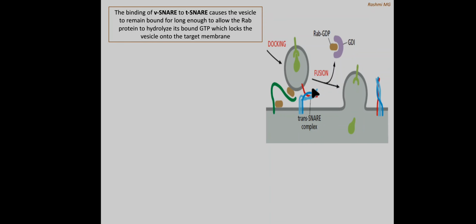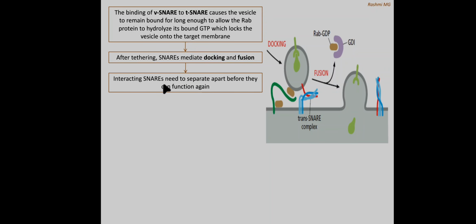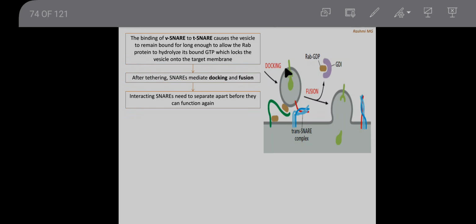To remain bound for long enough to allow the Rab protein to hydrolyze its bound GTP, which locks the vesicle onto the target membrane. So here you can see hydrolysis of Rab GTP happening. After tethering, snares mediate docking and fusion. Interacting snares need to separate apart before they can function again. They get separated to make the process repeatable.